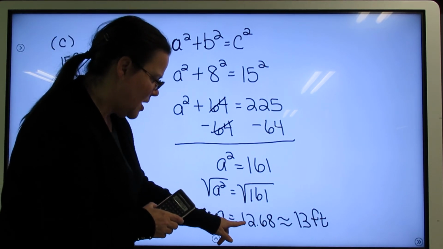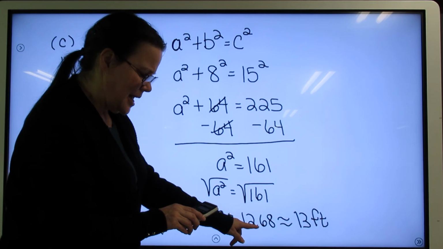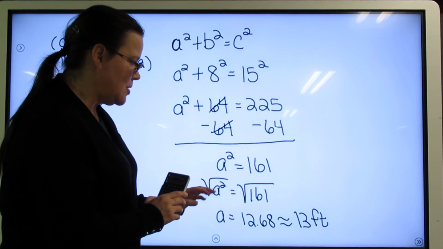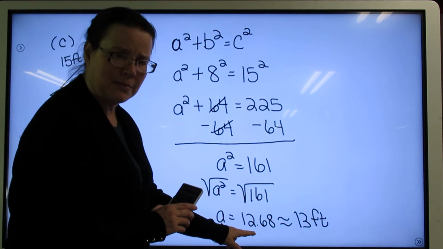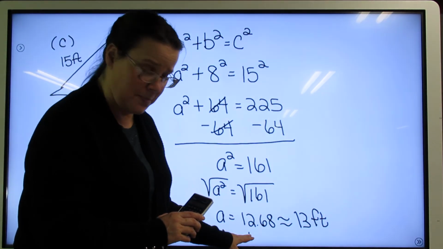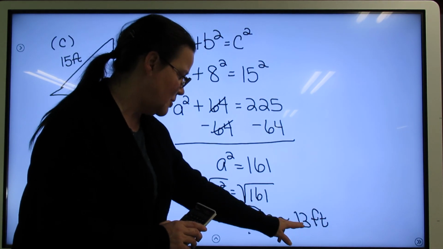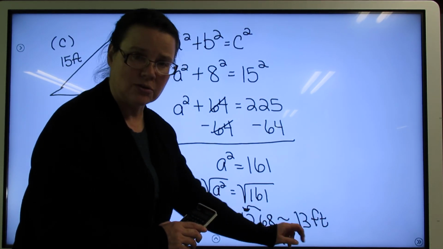It's going to give you 12.68857754, some long number. And what you need to do is just round it maybe to the nearest whole number. And this 6 changes that to a 3, and that becomes 13 feet.